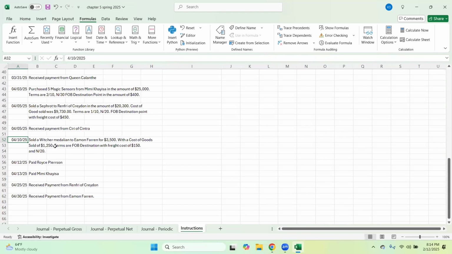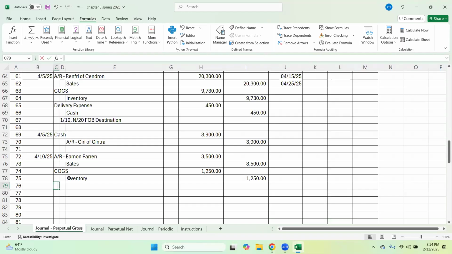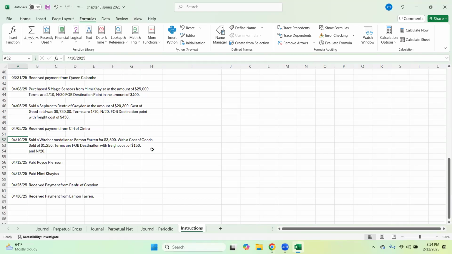And let's double check. Okay, so we're selling this, it's FOB destination, we're the seller. So we're gonna be paying that freight cost of $150. Out the door with my cash to pay it. We're gonna double check. What are the terms on this? Net 20.